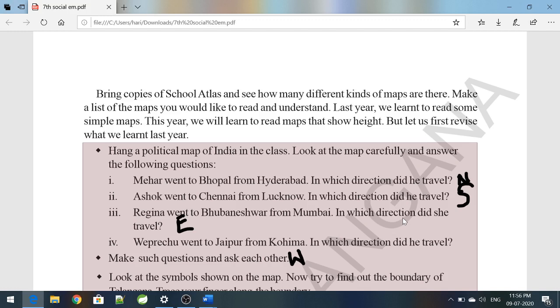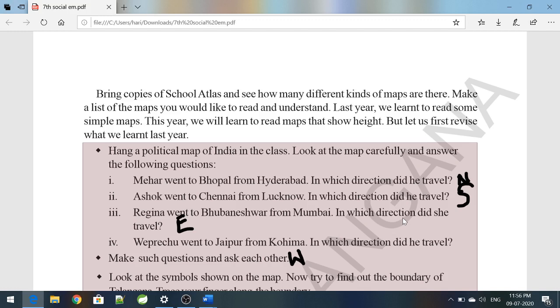Like if we are drawing a map from a village to another district or another state, we will take a larger distance, like 1 centimeter is equal to 50 kilometers.